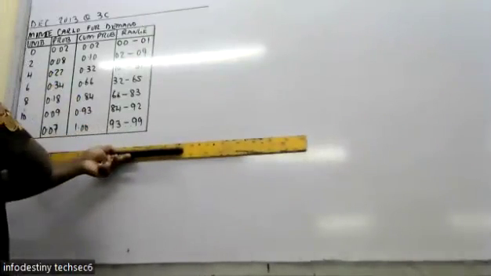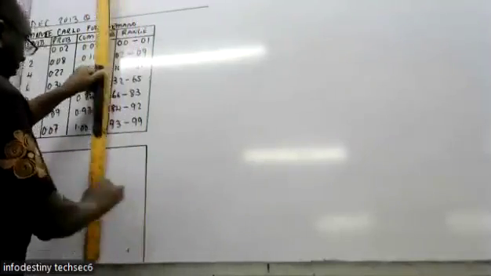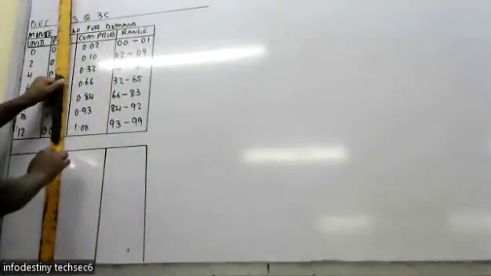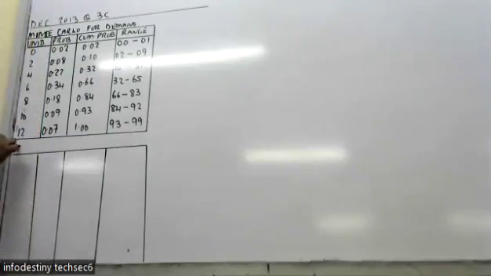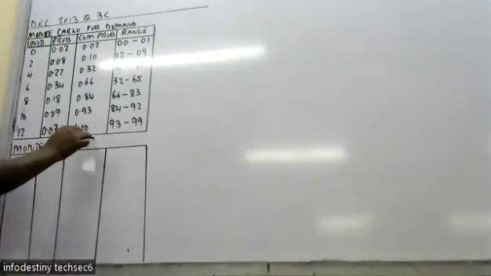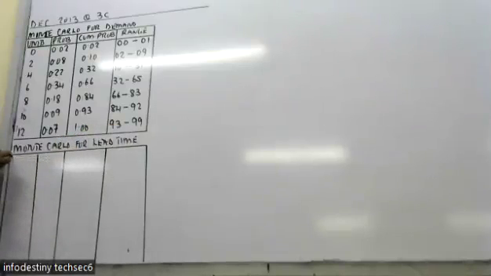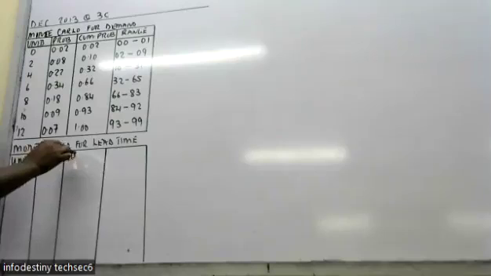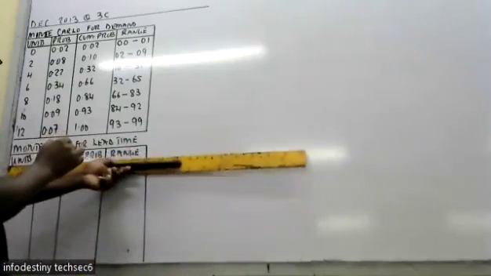Now from there, we do a Monte Carlo for lead time, whereby we have units, probability, cumulative probability, and the range.